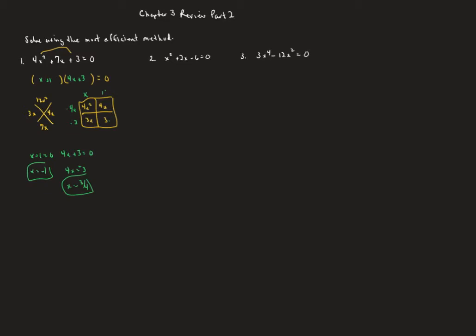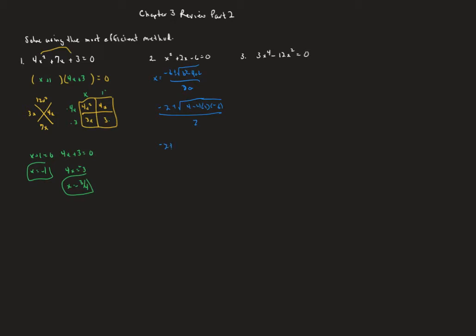The next one doesn't factor. We can try it, but we're going to get stuck, so we use the quadratic formula, which you need to know from memory. So that's the quadratic formula: negative b plus or minus the square root of b squared minus 4ac, all over 2a.